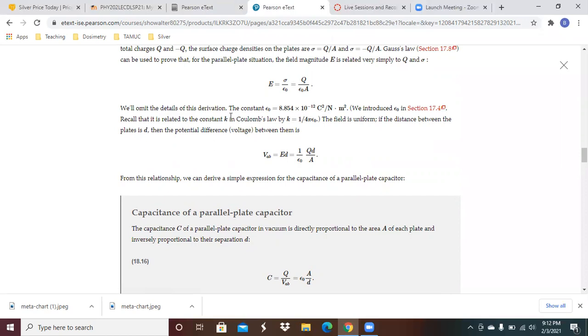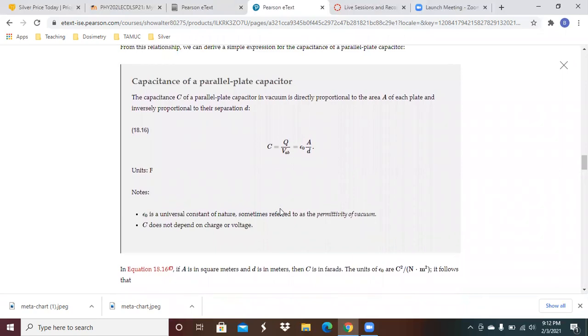Recall that it's related to the constant K by K equals 1 divided by 4 pi epsilon naught. The field is uniform. If the distance between the plates is d, then the potential difference, the voltage between them, is going to be E times d, or this expression. So basically you take this and you just have a d multiplied by it.